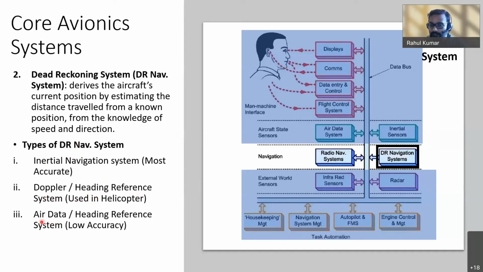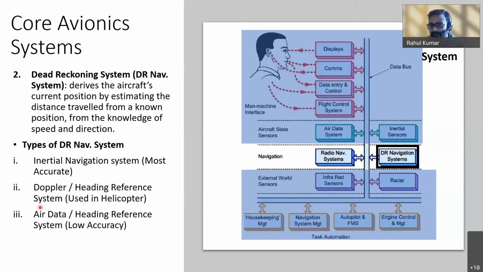And then you have air data and heading reference. If you know your heading reference and the speed of the aircraft, which the air data will give you, again you can estimate the location or the position of your aircraft.